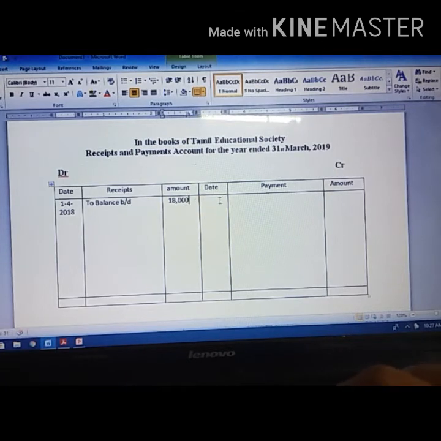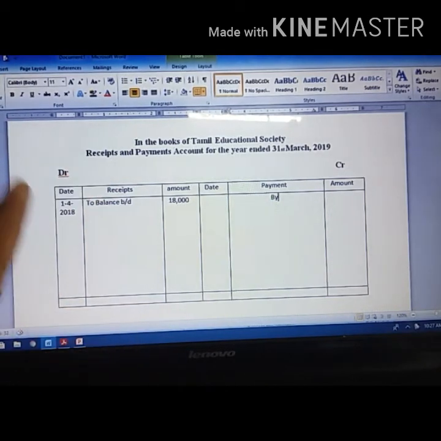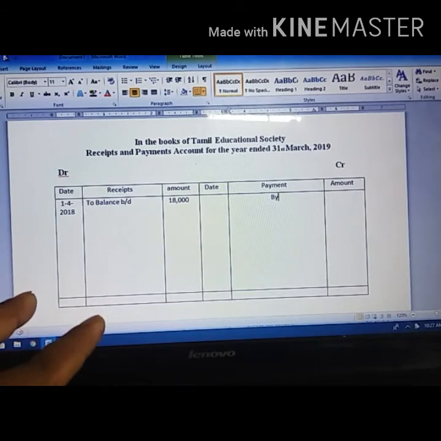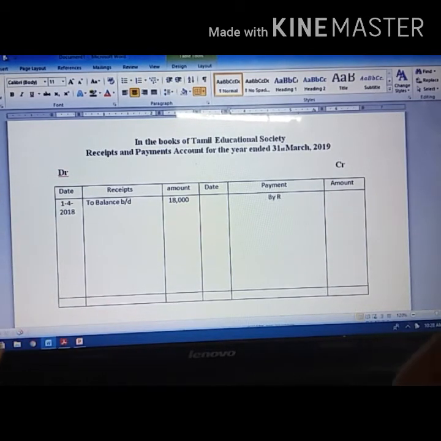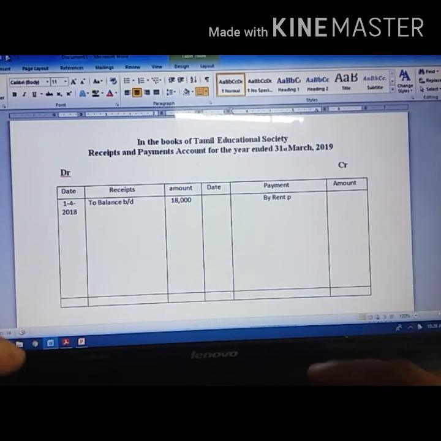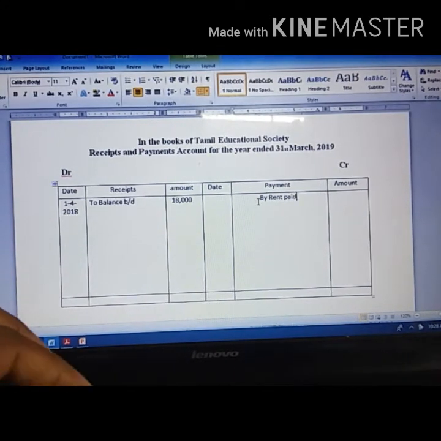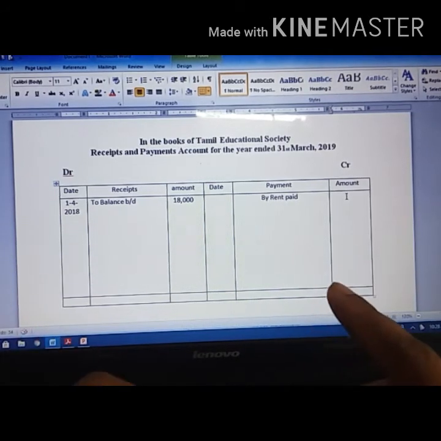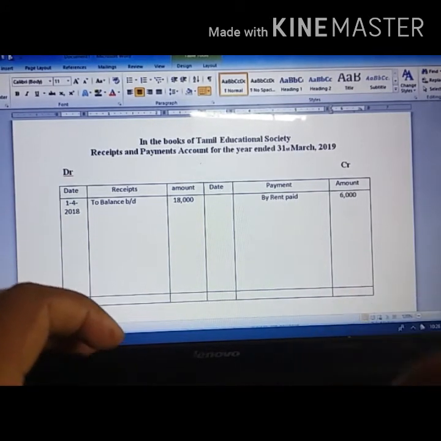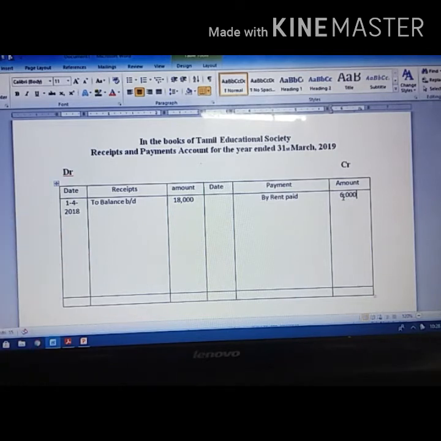Then rent paid. Rent paid is a payment, so I have to write it on the credit side. Whenever you have to write anything on the credit side, you must write with a By. So By rent paid, 6,000 is given. So I have to put 6,000 on the credit side. Then scholarship given.